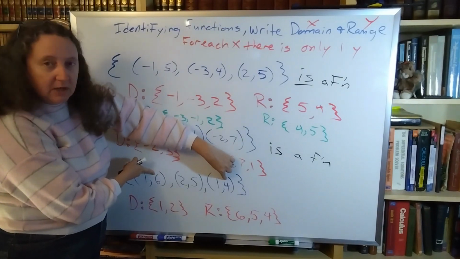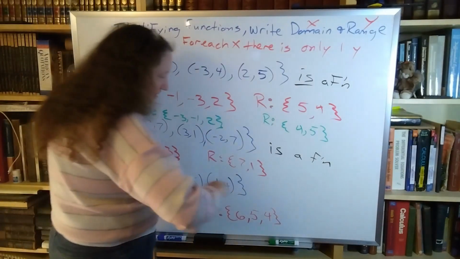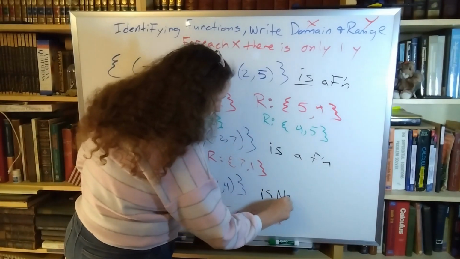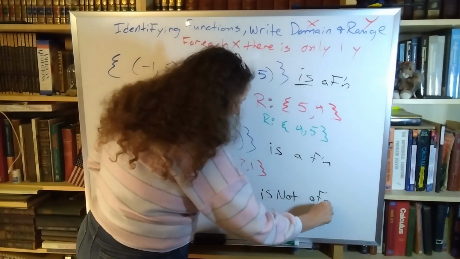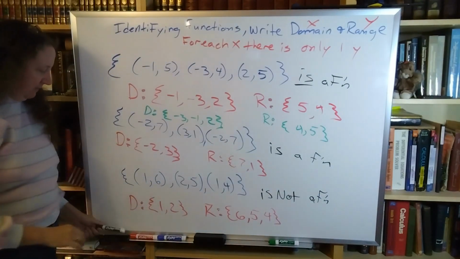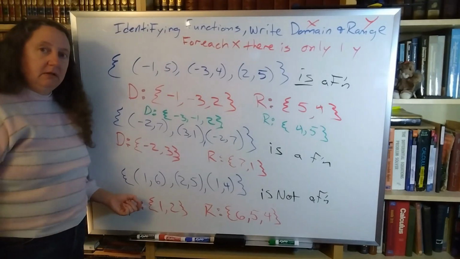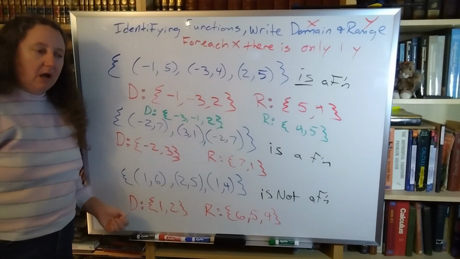So because that is not the same, it is not a function. My x repeated, and it did not have the same y with it, so it is not a function.